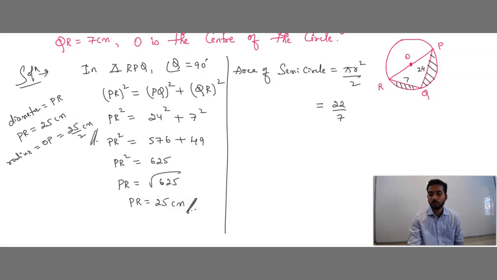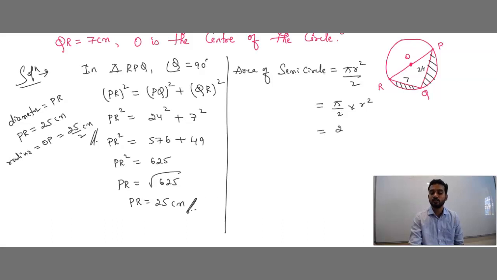Okay. Pi values. What is r square by 2? What is r square? That is 25 into 25 divided by 2. Pi is 22 by 7. Sorry, radius is 25 by 2, right? So we do one thing like this. I'll take pi by 2 into r square, it is easy.